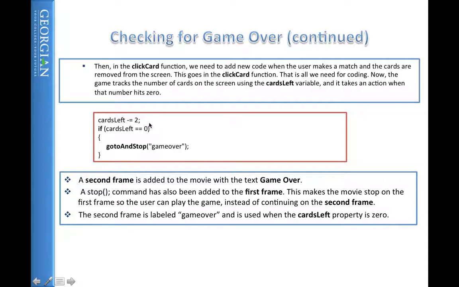Then in the click card function, you need to add this new code. What we want to do is say cardsLeft minus equals 2, because we're removing 2 when we click and actually have a match. So when we have a match, we remove both cards. We reduce the cardsLeft variable by 2.